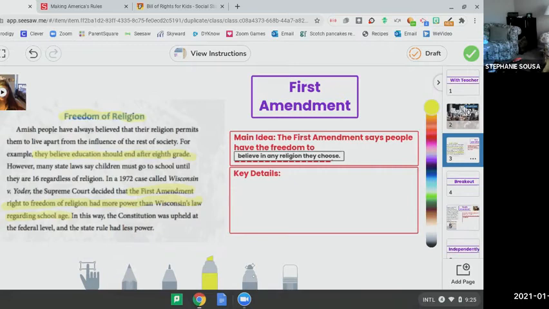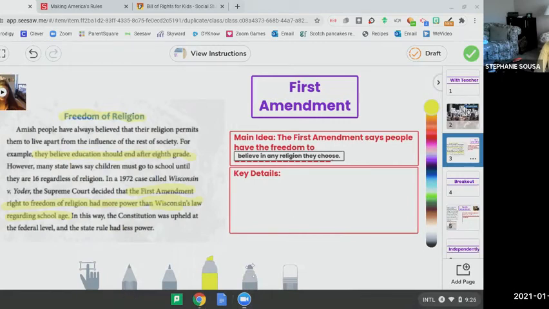Even though the state tried to make a law that changed those rights, the country's court system, the Supreme Court, for all of America said, no, they get to have this freedom. It says in this way, the Constitution was upheld at the federal level and the state rule had less power. So Wisconsin was not allowed to tell the Amish, actually, you have to go to school, because the Supreme Court said, nope, they're allowed to be free to believe in that if they want to. Okay.